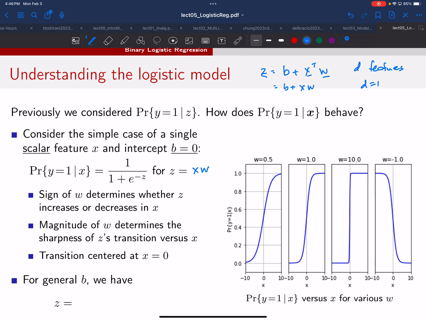And we can make some plots here. This is showing the probability as a function of x. So when you look at what happens when x is 0, you always get 0.5 probability. That happens in all these plots.